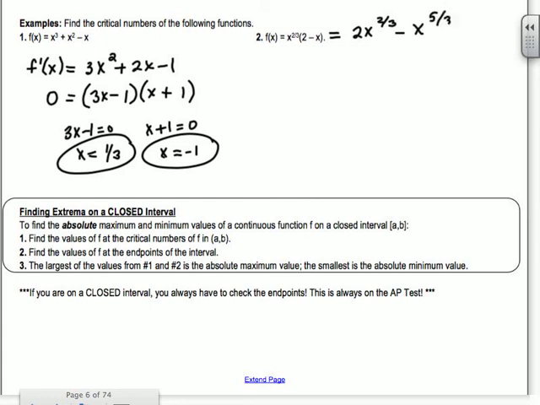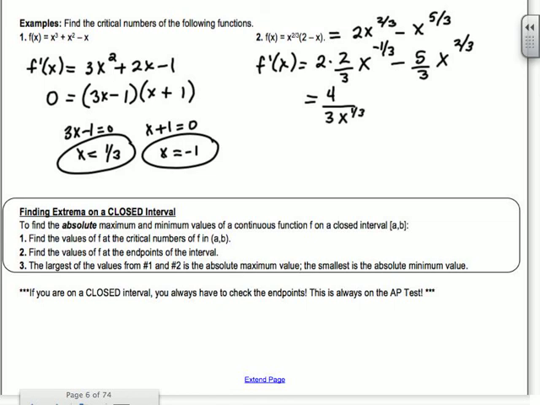Okay, so f prime of x equals 2 times 2/3 x to the, subtract 1 from the power, so it's negative 1/3, minus 5/3 x to the, subtract 1 from the power, so it's 2/3. So I get 4 over 3 x to the positive 1/3 on the bottom, minus 5 over 3 x to the 2/3.